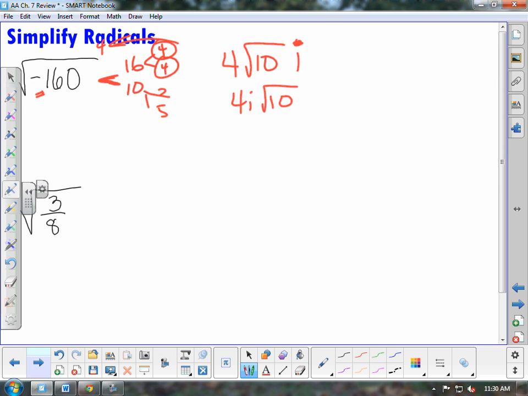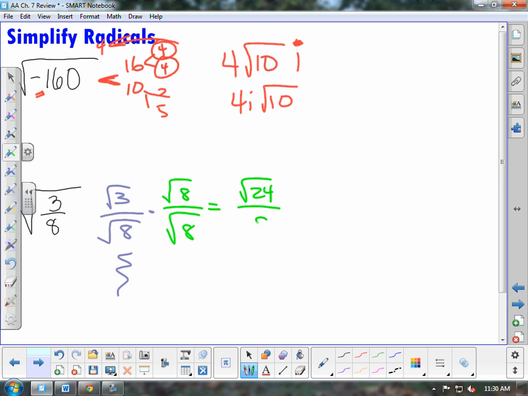For the square root of 3/8, that's like the square root of 3 over the square root of 8. If you want to simplify the square root of 8 first, you could. Or you can just multiply both the numerator and denominator by the square root of 8. And now you have the square root of 24 over 8, because the square root of 8 times the square root of 8 is just 8.